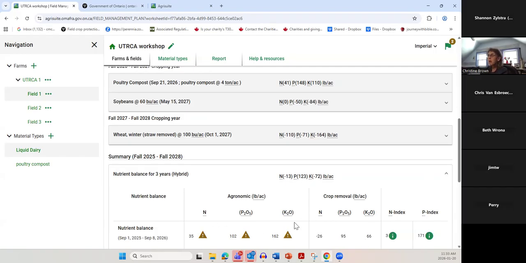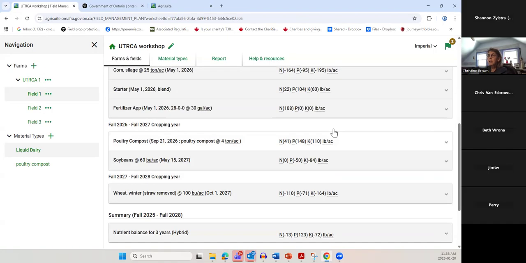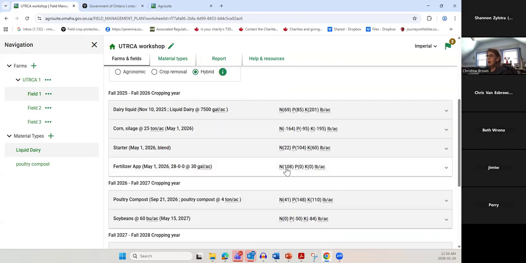But if I'm targeting that nitrogen to be what the crop needs and not applying too much that's going to be there over that winter period, exposed to runoff or leaching, then my numbers are going to be relatively good. So if I look at the nutrient balance, I'm adding 108. I'm not good at doing math in my head, but 130 basically. So I'm close to 200.